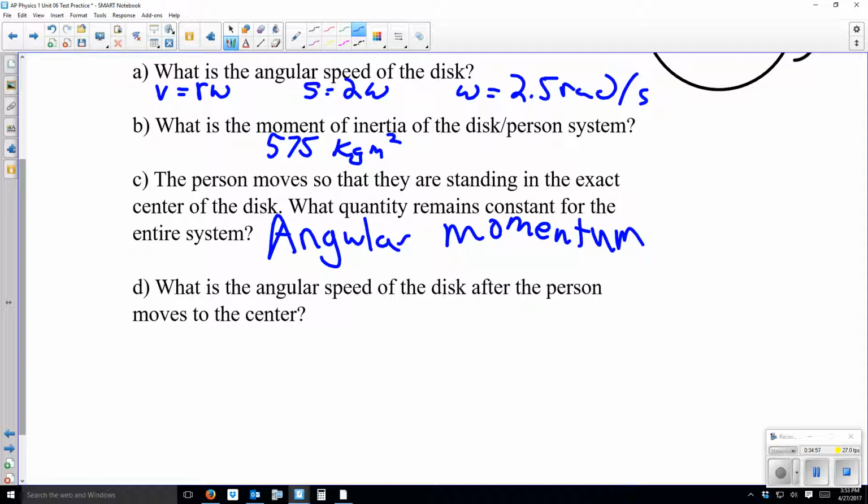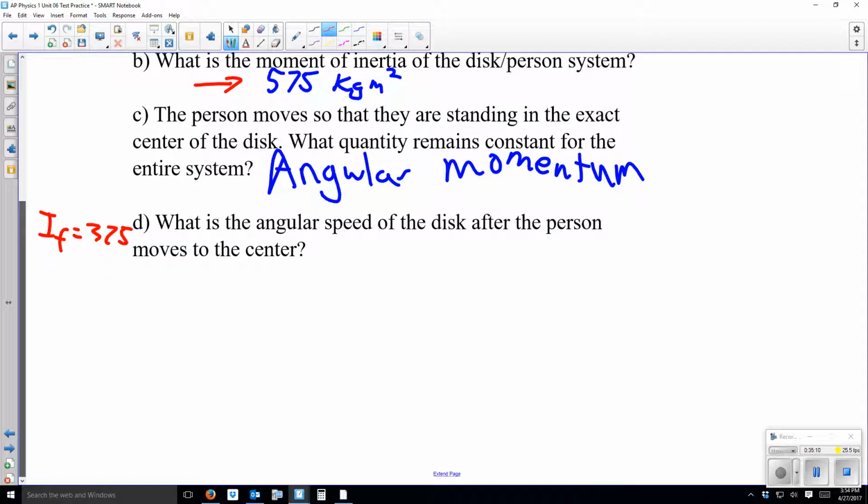So we set up L naught equals LF, and we've got 575, that's the moment of inertia, times the angular speed, the 2.5 radians per second, equals 375 after the person moved in, times omega F. Divided out, you end up with 3.83 radians per second. It should be bigger. If you move more mass closer to the center, you are going to have a lower moment of inertia, which we did.